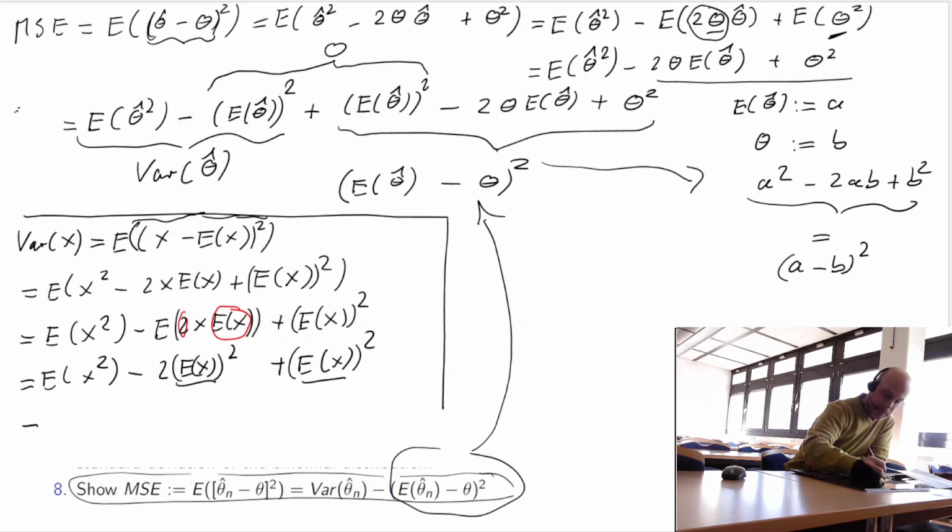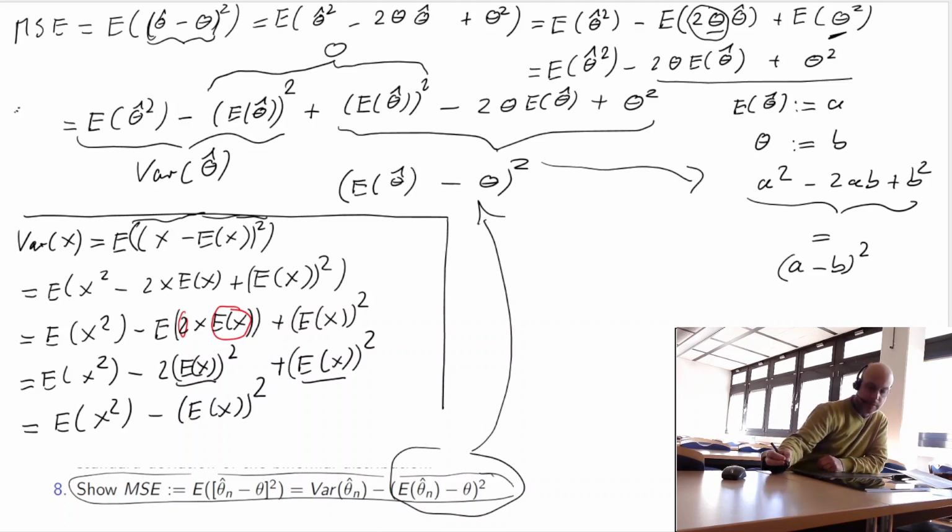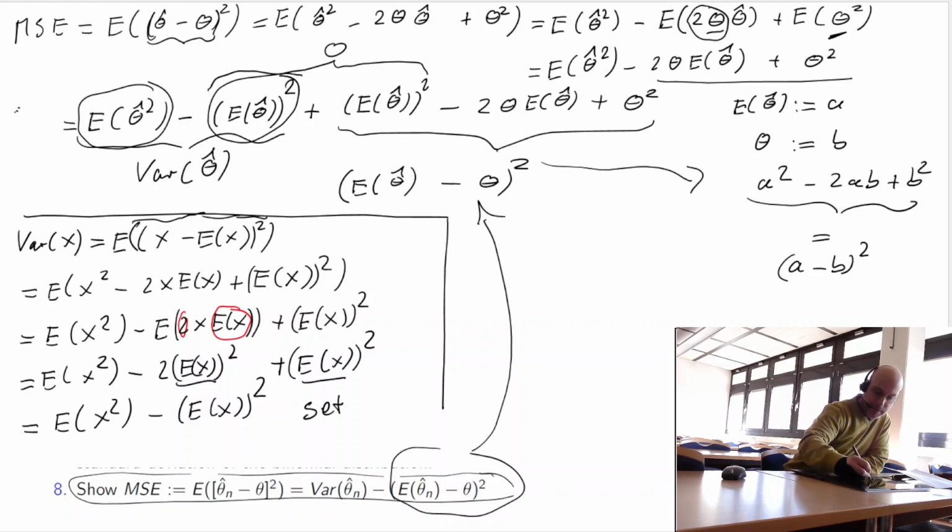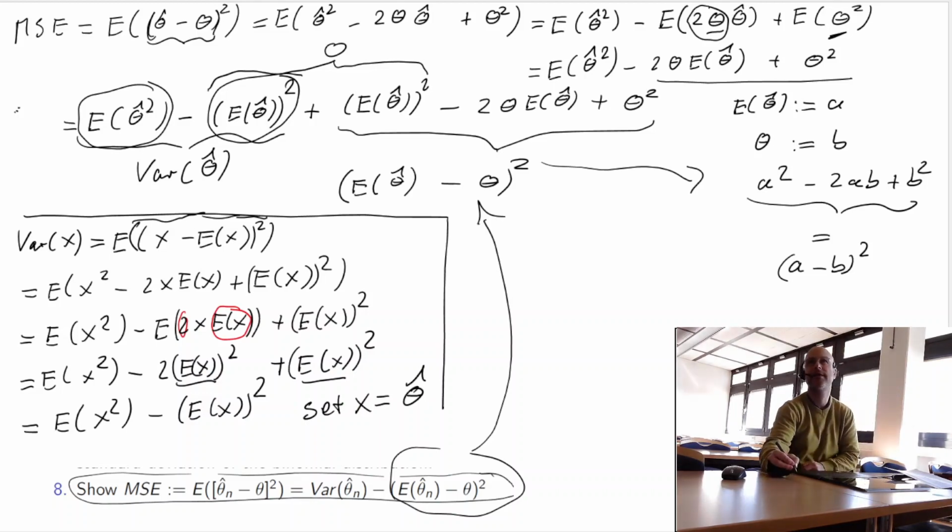So in the end, we obtain E of x squared minus E of x squared. And now we see that this is the same as we have here if we set x equals theta hat.